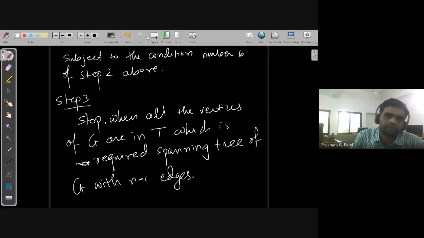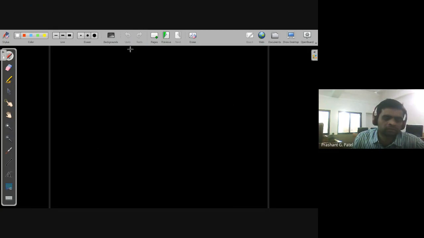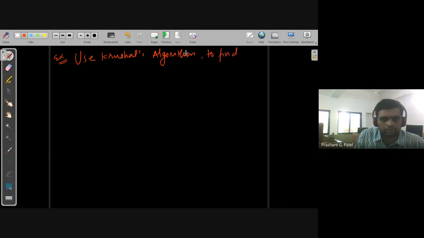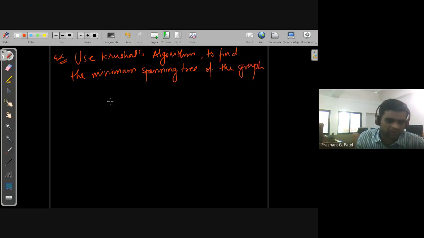Let's have one example and try to see how this Kruskal algorithm works. So use Kruskal's algorithm to find the minimum spanning tree of this graph that I am plotting.